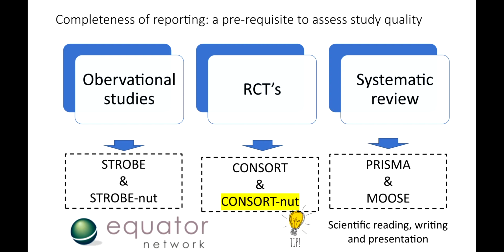So the PRISMA statement is a guideline for people to report systematic reviews. So there you'll find all of the details. The MOOSE statement is sometimes used also for meta-analysis, if I'm not mistaken, but more commonly the PRISMA is the one that is used. So you may remember to use these tools when you're writing up your study findings, for instance, during your master dissertation.